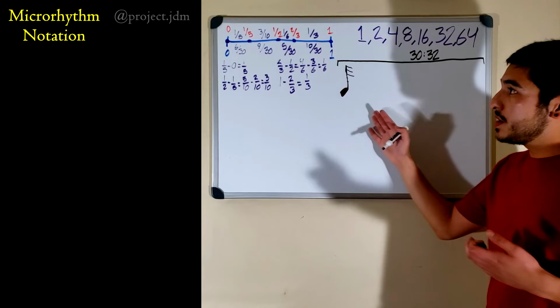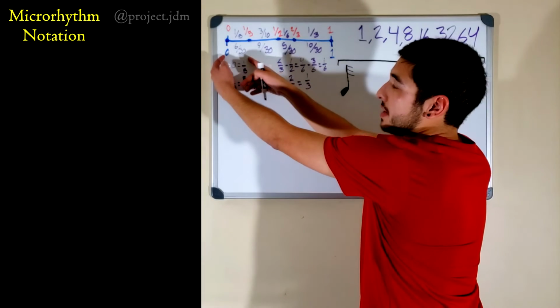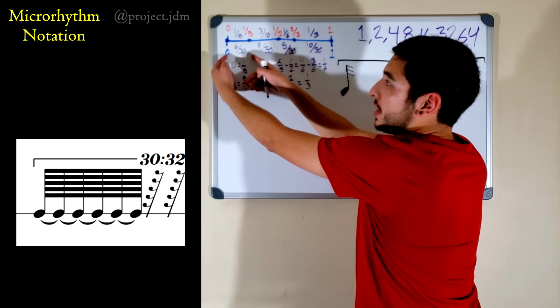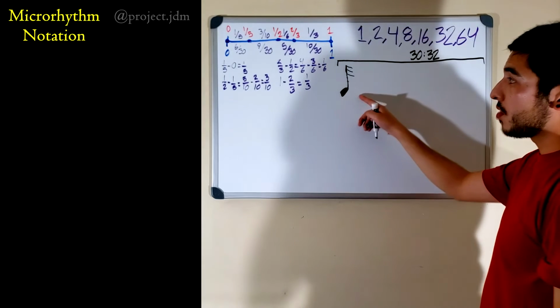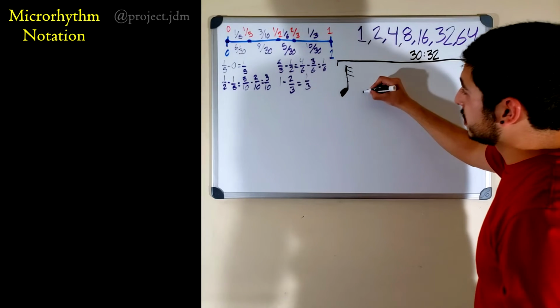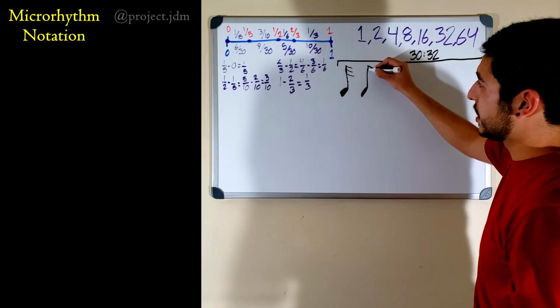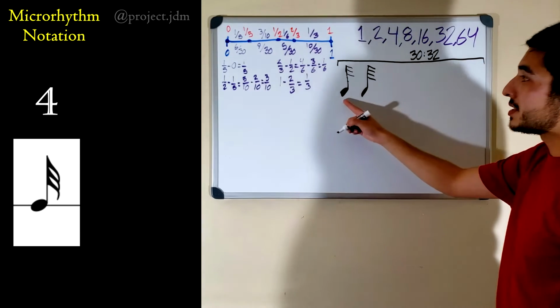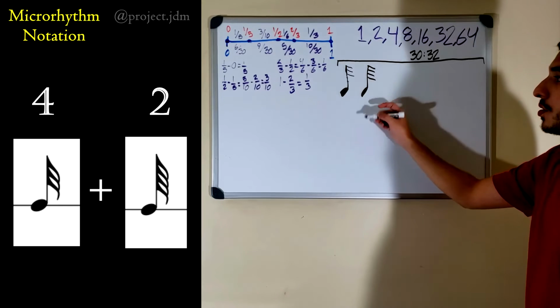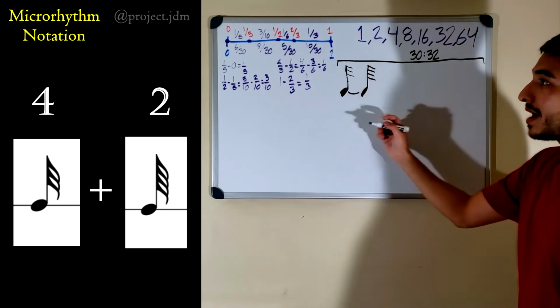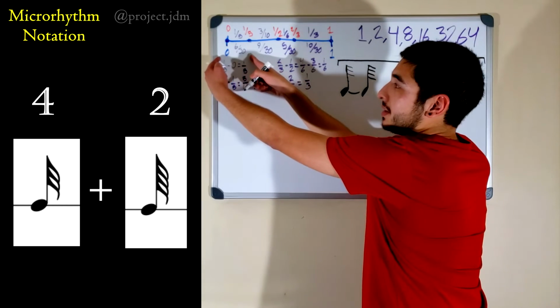So in theory, if we wanted to fill up the space of 6 128th notes, this is worth 4 of those 128th notes, and this is worth 2 of those 128th notes. So a 32nd note and a 64th note tied together can satisfy that space, right?